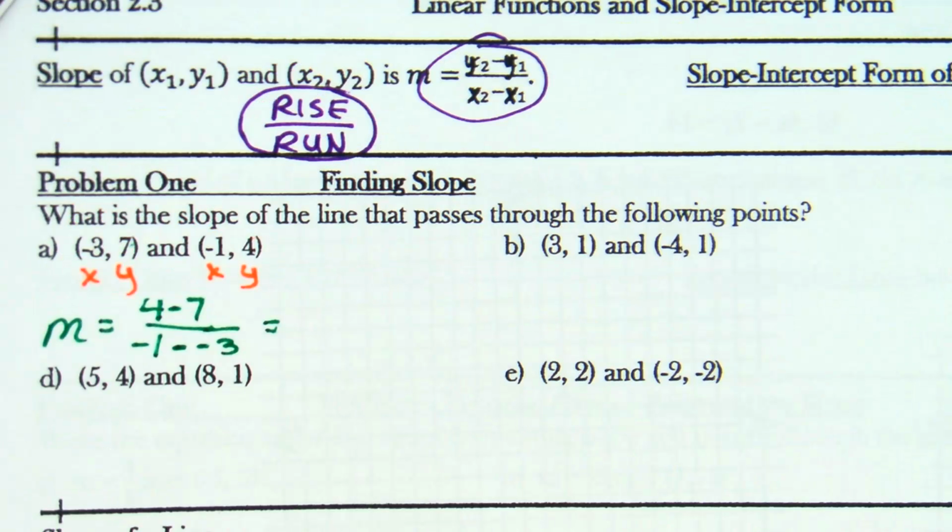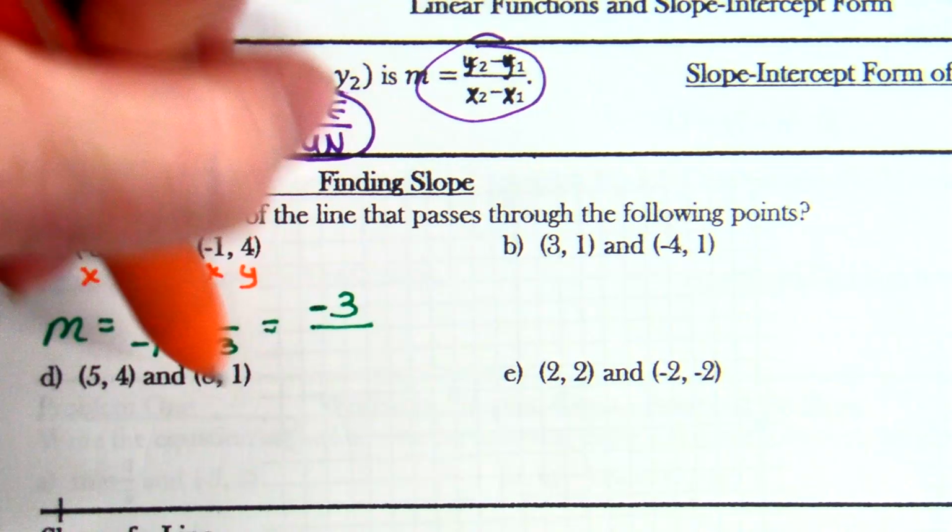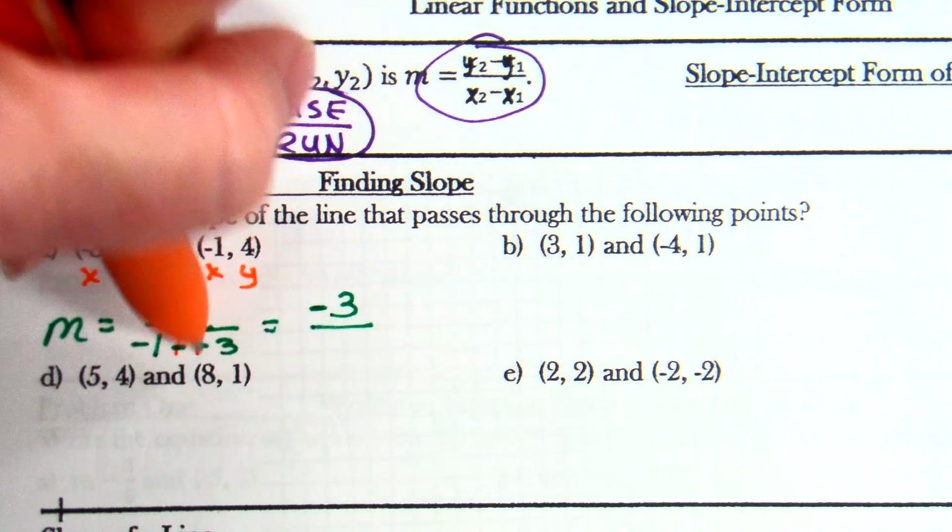And that was because we picked 4 minus 7 on top, we picked negative 1 minus negative 3 on bottom. What is 4 minus 7? Negative 3. Negative 1 minus negative 3? 2. I teach keep, change, opposite, which means it's negative 1 plus 3, which is 2.